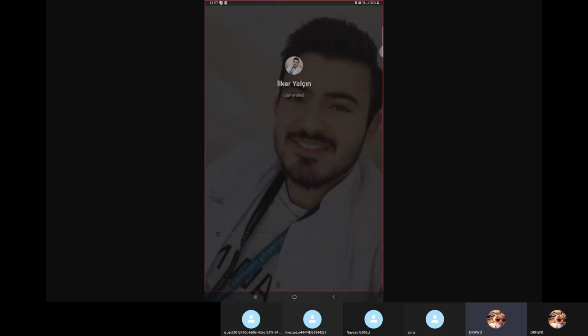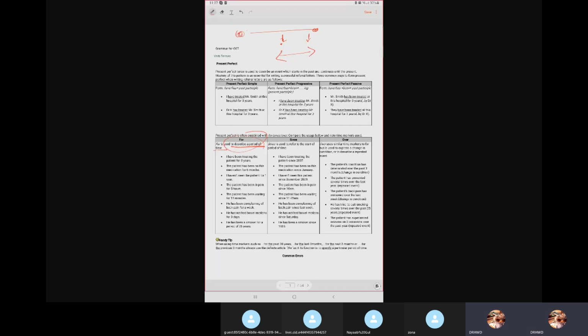Right. So since is used when you know the specific time, and that's just the beginning of it. You just know the beginning of time, like you just know the starting of it, and for is for the specified period of time.